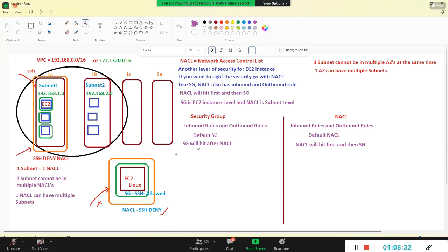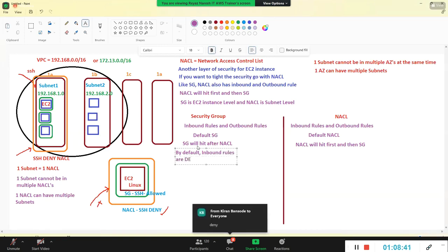Next, by default, security group inbound rules are denied.